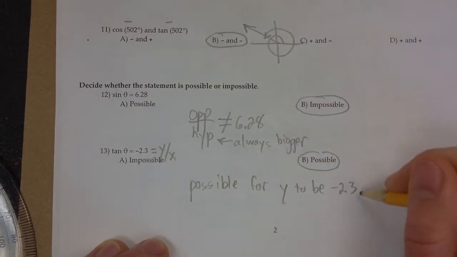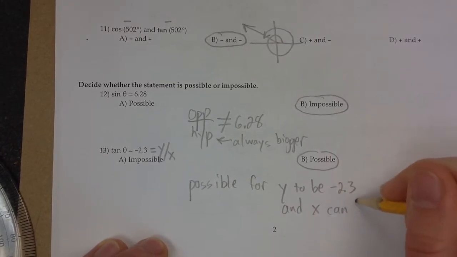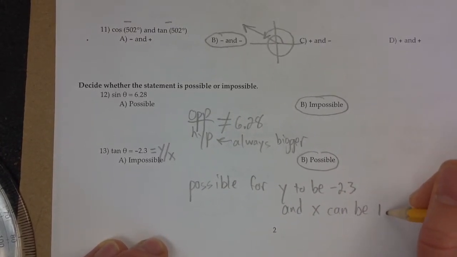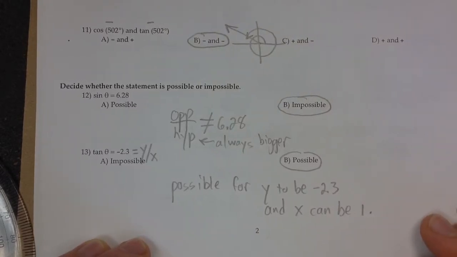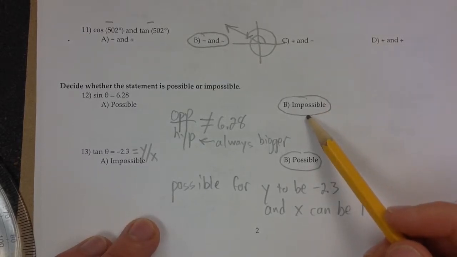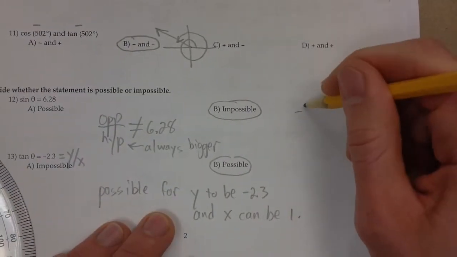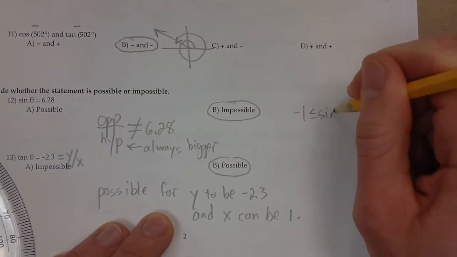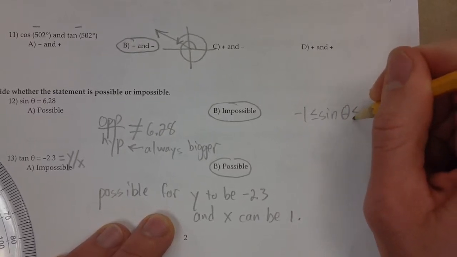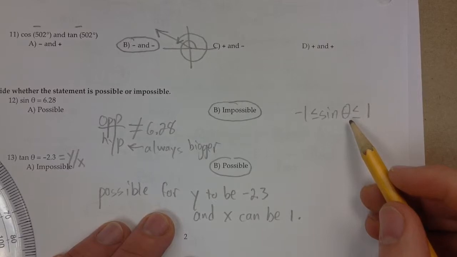The y could be negative 2.3, and x can be 1. That's possible. There's no restriction. Another way of explaining number 12: you could say that sine ranges between negative 1 and 1, and 6.28 is outside that range.